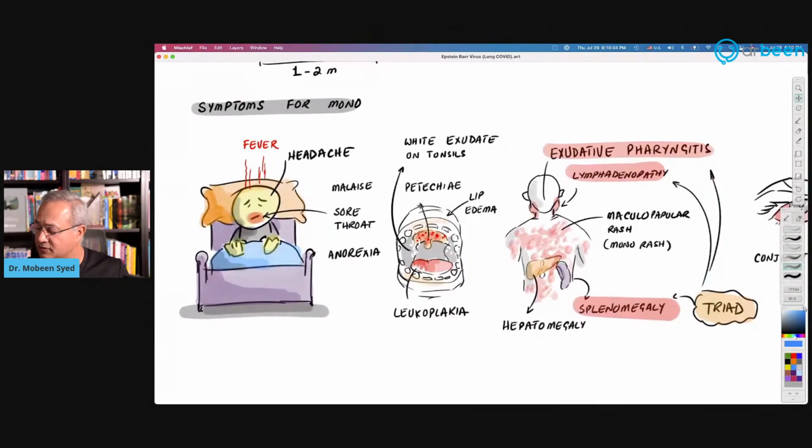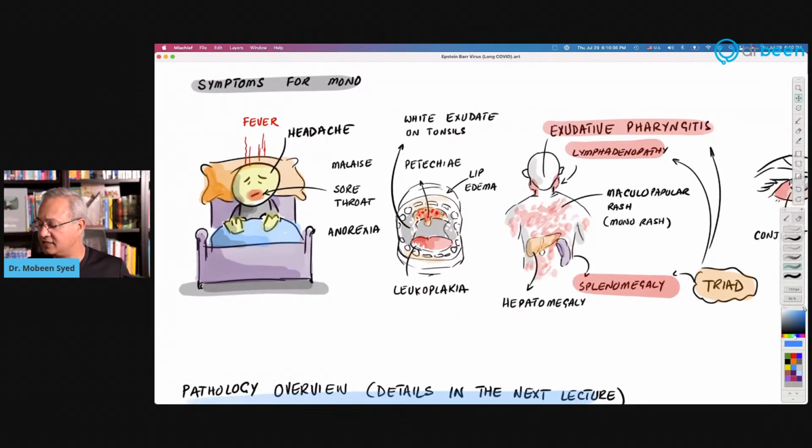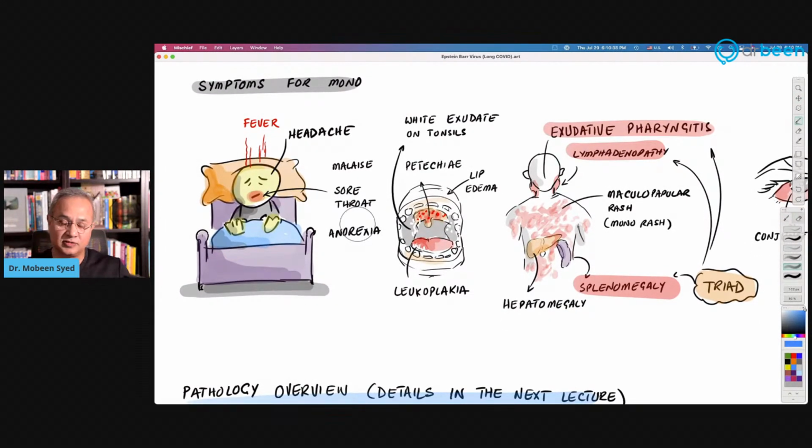Now, what are the symptoms of mono? And this is important because some of these symptoms are going to be similar to SARS-CoV-2 long haul as well. So that is why researchers studied it and came back and said, we think that the long haul symptoms in a few people are because they are EBV symptoms and not really anything else.